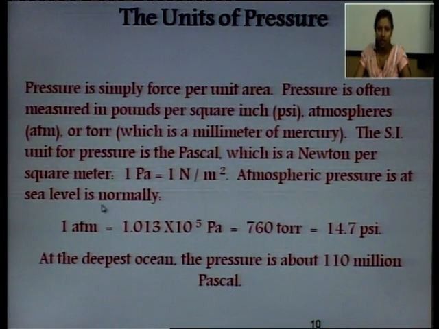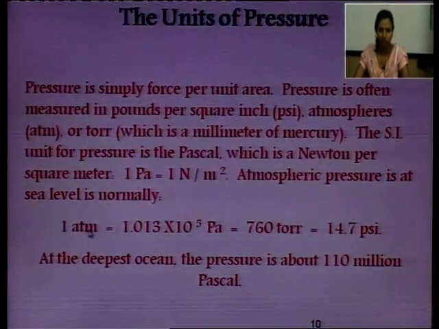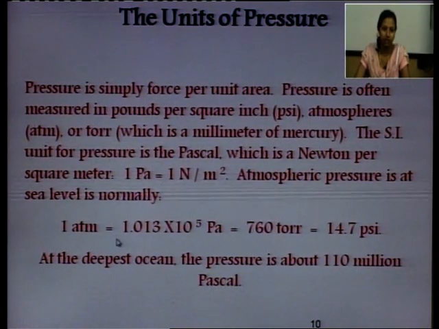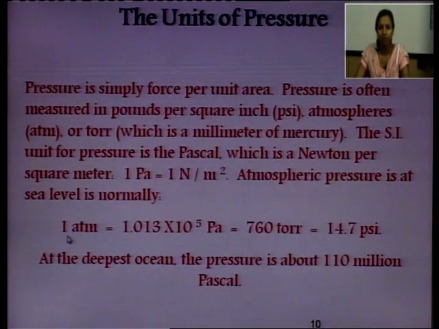Atmospheric pressure at sea level is normally 1 atmosphere. This is a very important unit from the commercial point of view, as well as according to your syllabus. 1 atmosphere is equal to 1.013 times 10 raised to power 5 Pascal, and this is equal to 760 torr, and this is equal to 14.7 psi.